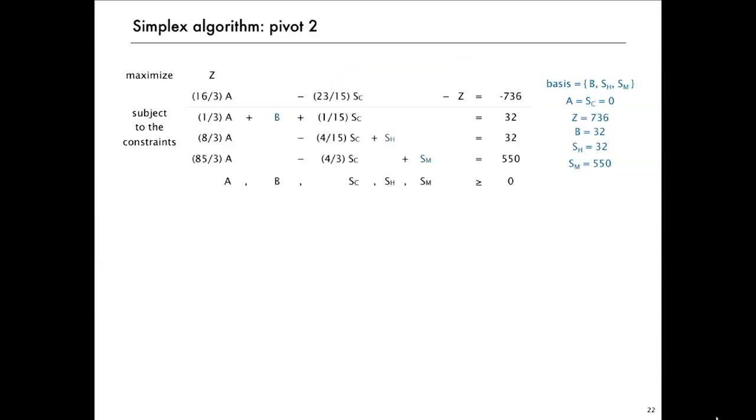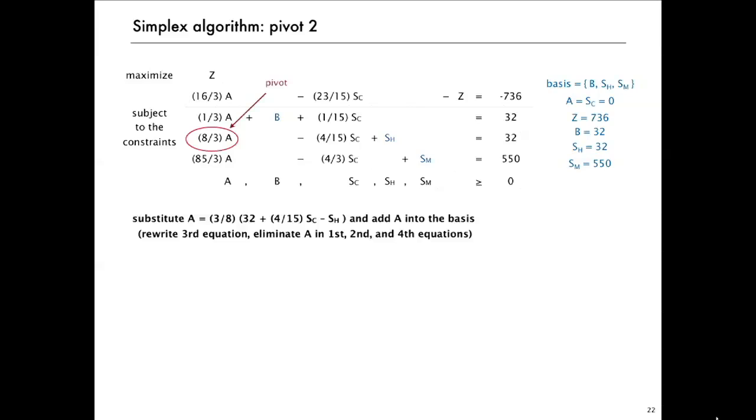So now we're in this situation, and we just do the same thing. We want to look for something that's got a positive coefficient in the objective function, and then we want to do the minimum ratio rule, and that turns out to be that we pivot on column 1, row 2. And that's 32 plus 4/15 SC minus SH divided by 8/3, which is 3/8.